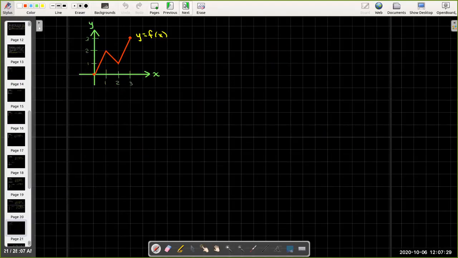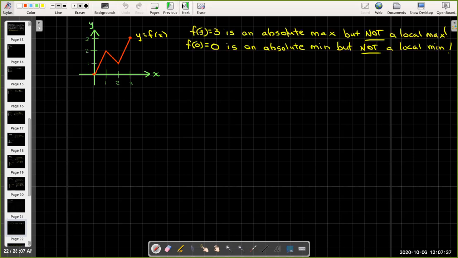Here's another example, which is piecewise defined, just made up of line segments. So we can see that f of 3 is the highest point overall. It's an absolute max, but it can't be a local max because there are no points to the right of it.